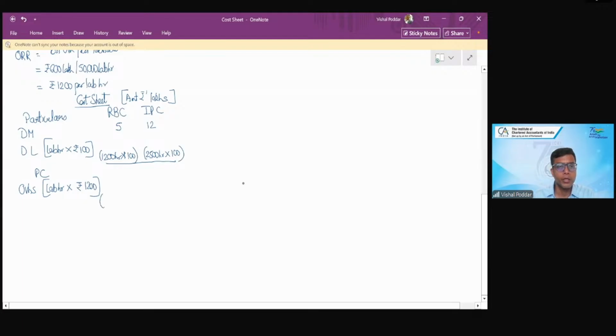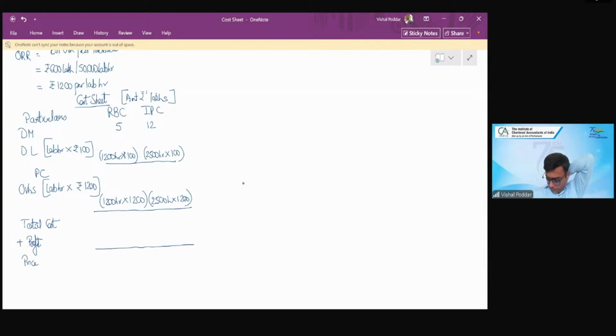And here the same labor hours are multiplied by the ORR which we just calculated, which is 1200 rupees per labor hour. This gives me my total cost. To this, I add profit to get my price, which I need to quote.